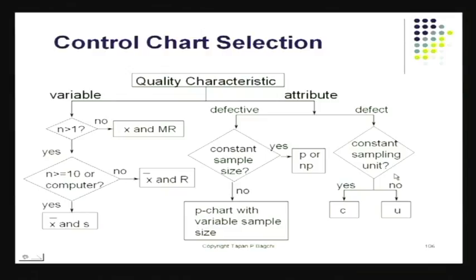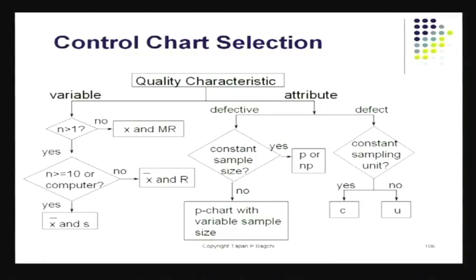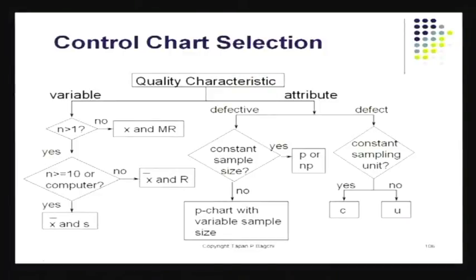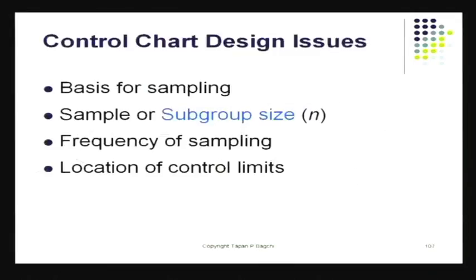But suppose I'm inspecting these calculators, and sometimes I get 3, sometimes I get 5, sometimes I get 1, and so on. I should be using what is called the U chart, which is like, in that sample, how many defects did I find? In that sample of size 3 or 5 or 2 or 1, how many defectives did I find? How many defects did I find? Once I know that, I'd be able to use the U chart. And the U chart runs very, very similarly to the C chart there.